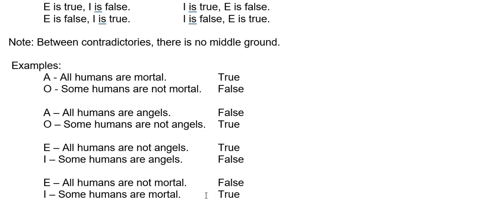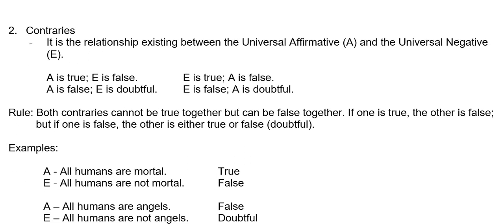If no humans are mortal is false, then the I proposition, some humans are mortal, is necessarily true. So just remember that if one is false, the other one is true, or if one is true, the other one is false.